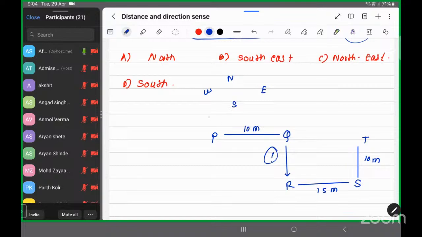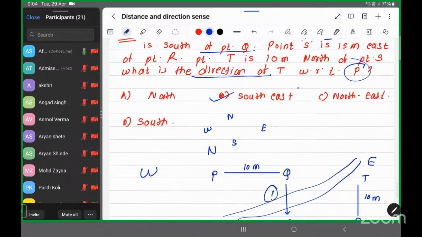We check this with respect to P, NEWS. So T should be in this region, and this region is nothing but the southeast.